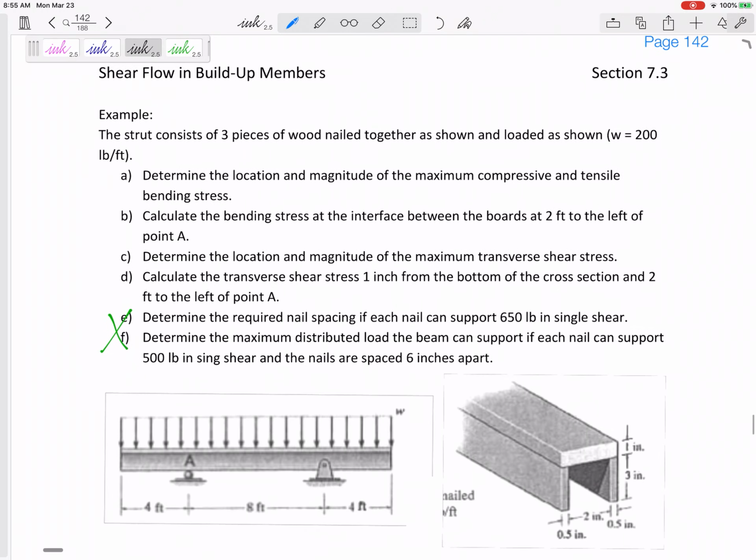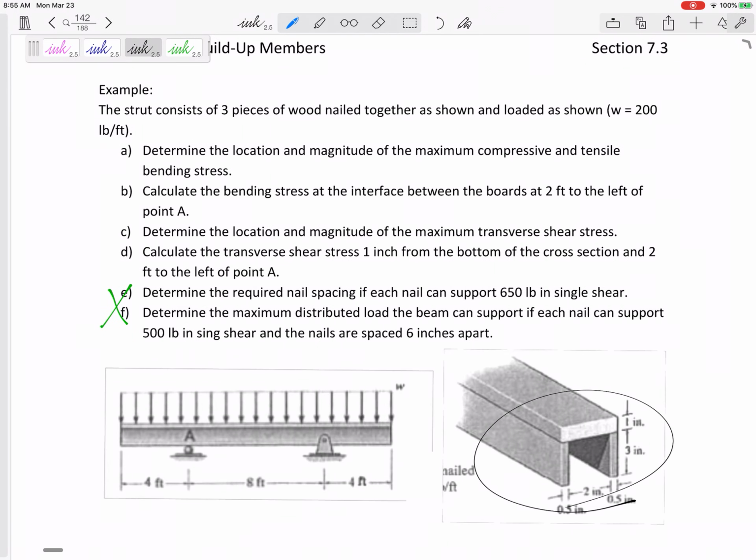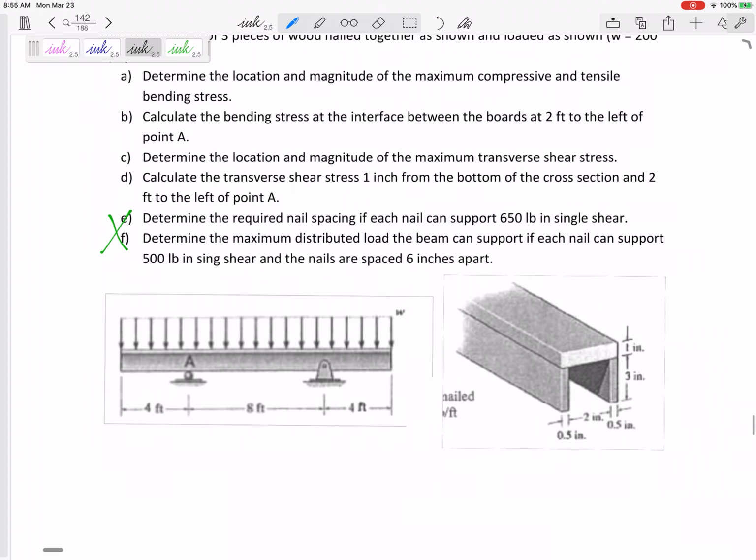for this. All right, so we've got a beam. This is kind of a U-beam. It consists of 3 pieces of wood nailed together, and 200 pounds per foot is the magnitude of this distributed load.